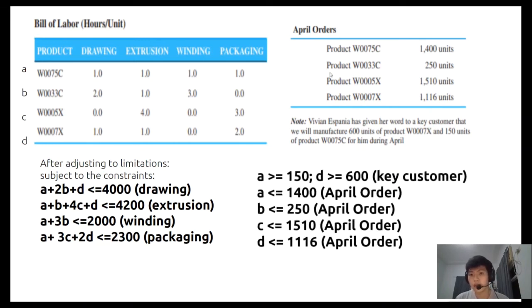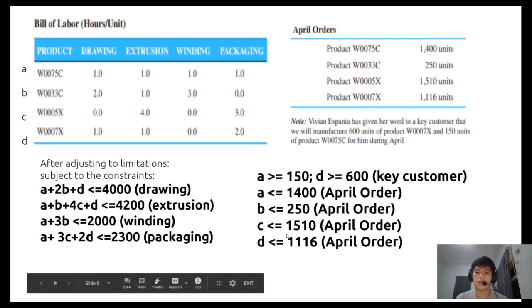Next is the key customer note I already mentioned. So the target is more than or equal to 150 for product A, and for product D, that's more than or equal to 600. And the rest are the April orders for each product.